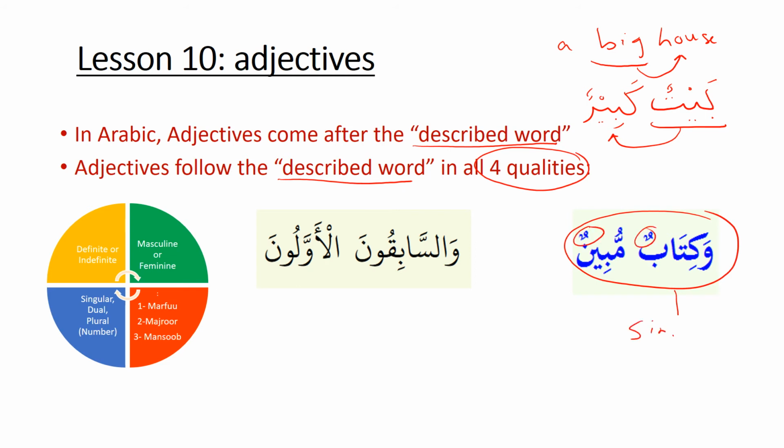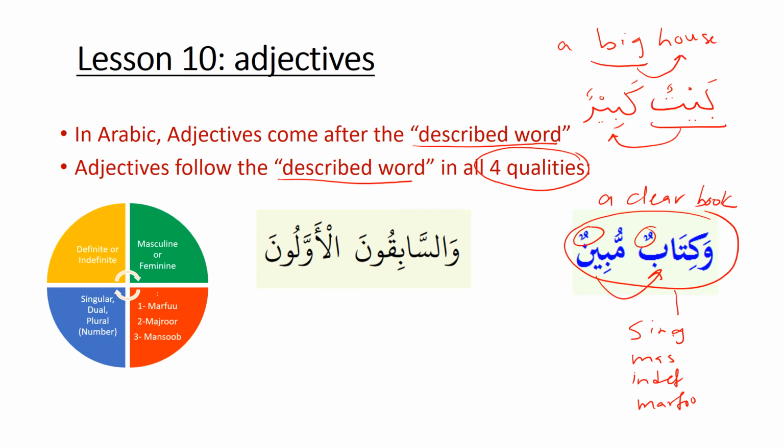Both of them are singular, both are masculine, both are indefinite, and both are marfu'. So, you know for sure that mubinun is following kitabun in all its qualities. It's an adjective. So you need to translate it together. Kitabun mubinun means a clear book. A clear book. Same thing over here.